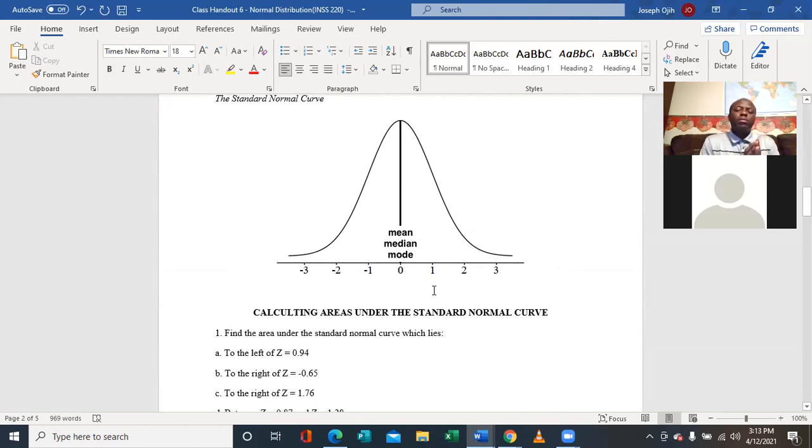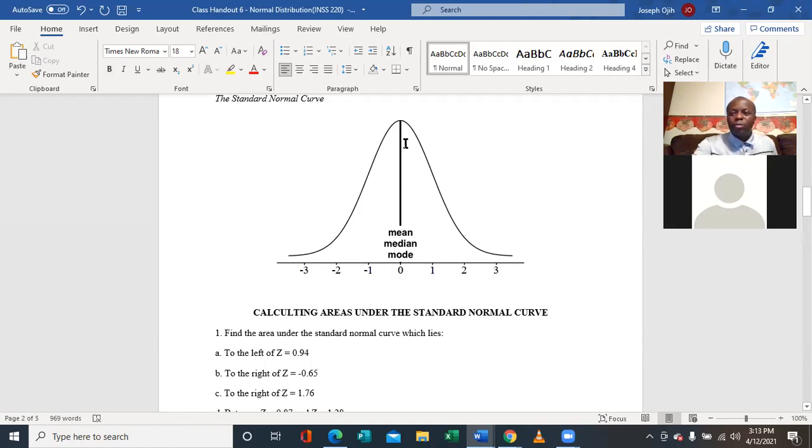If you plot the height of the students in this class, it will give you a histogram that is not even. Some will be taller, so it won't give you this kind of shape. But if you plot the height of all the students who take statistics classes in Maryland, it will give you this smooth curve.